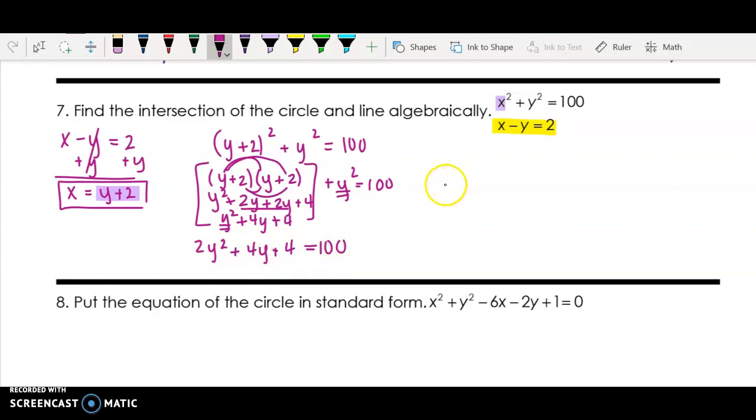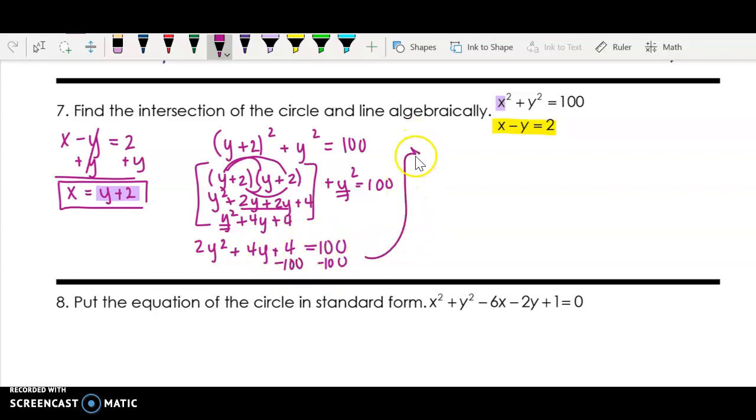I really want to make the right-hand side of this equation equal 0 because I want to try to solve this by factoring, which if we have nice answers in the coordinate plane, usually it will be easily factorable. So I'm going to subtract 100 from both sides of this equation.